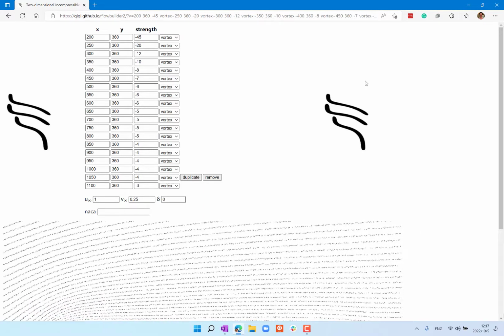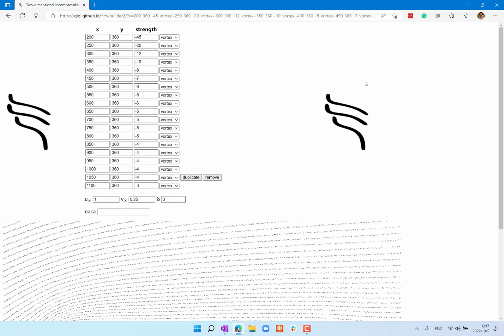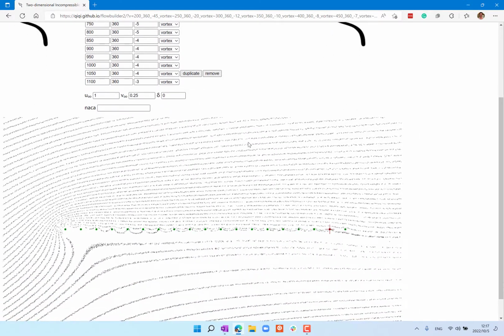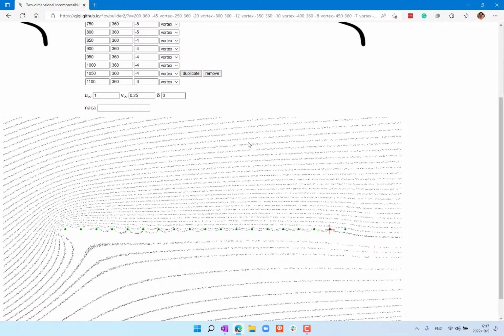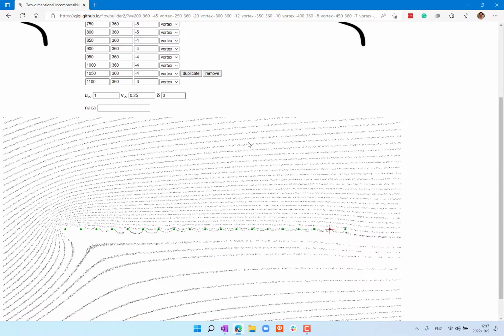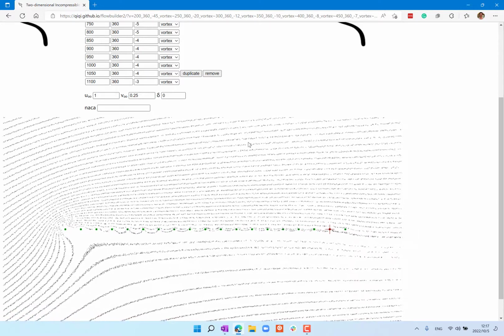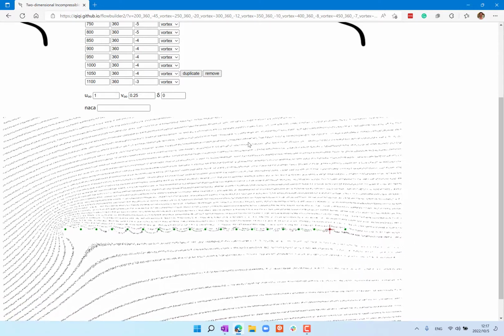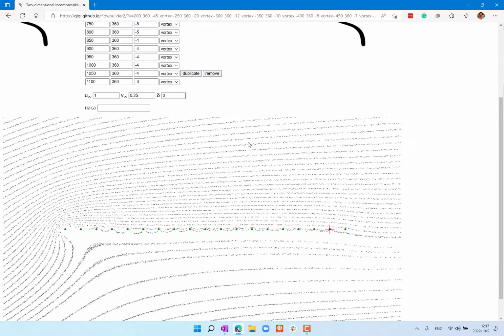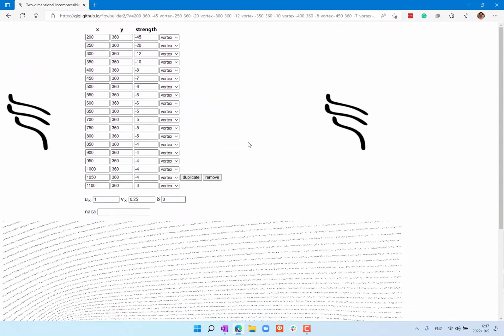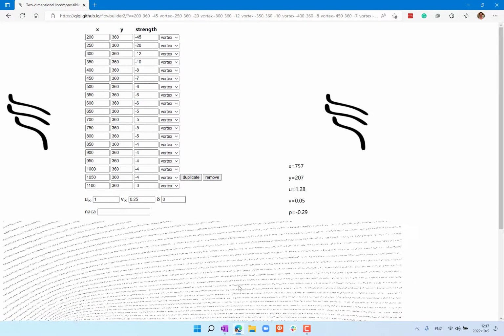Of course, here we are doing these things manually, so we only had something like 19 vortices. In a computer calculation, you can place 190 vortices or even 500 vortices and solve for the strength of the vortices so that the flow is exactly parallel.